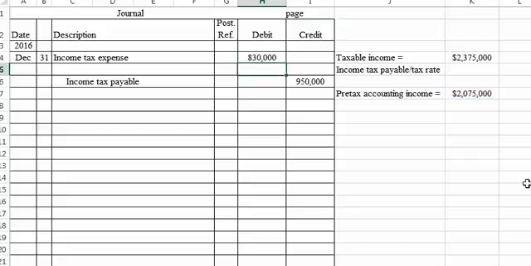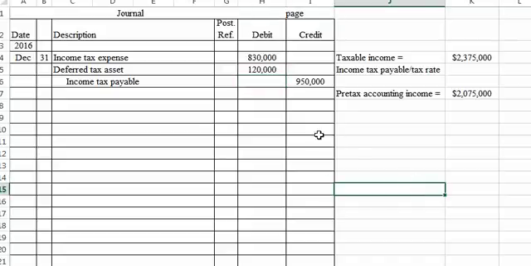So we get income tax expense of $830,000. Okay, this time to balance the entry, we need more debit. So we've got a deferred tax asset with the difference $950,000 minus $830,000. That's $120,000.